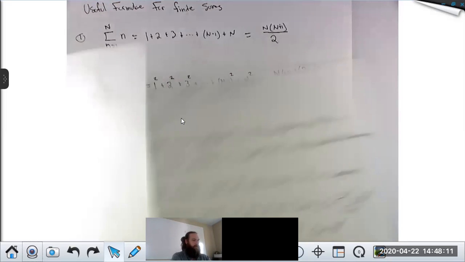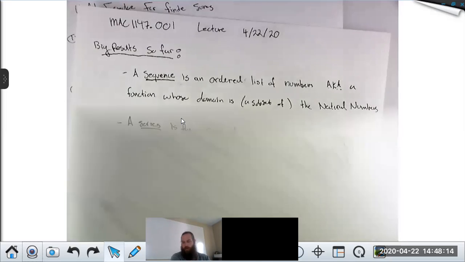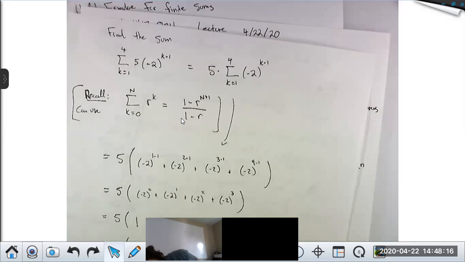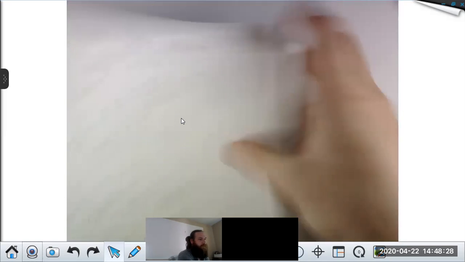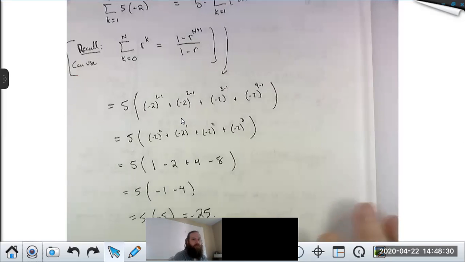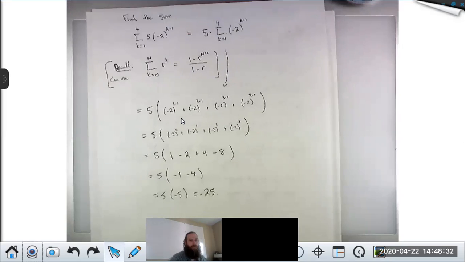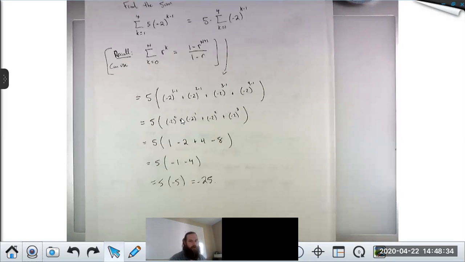It's going to be a similar thing to what we were doing with our other slightly different geometric series. First, any questions on what we did here, how we were able to get that answer like this?